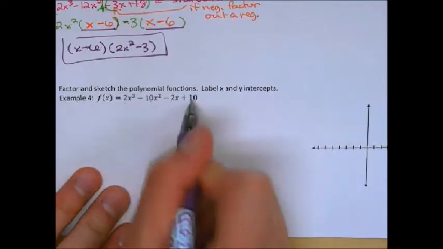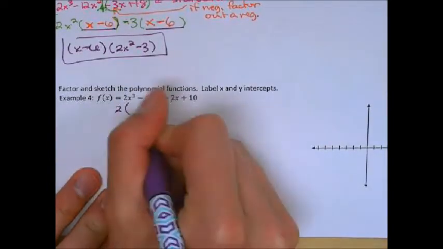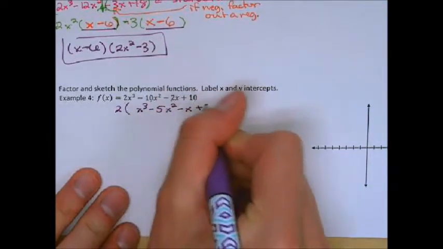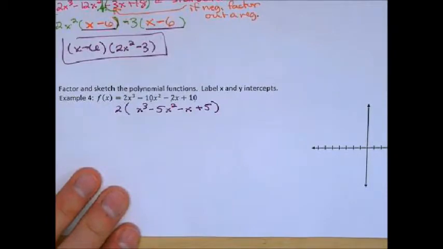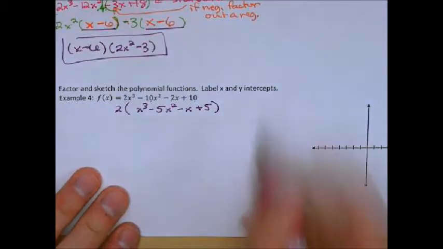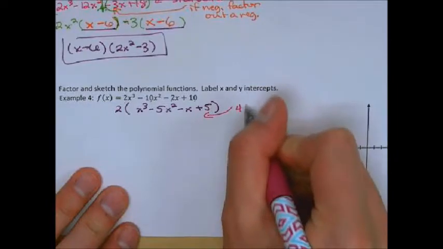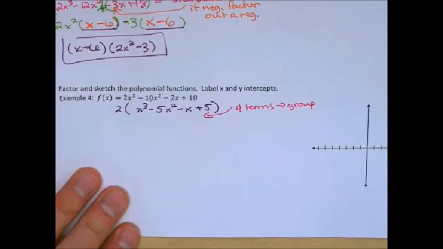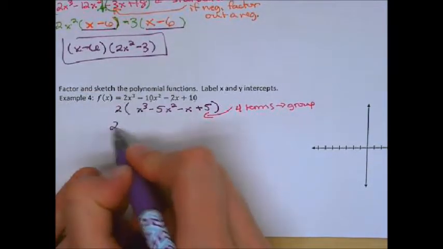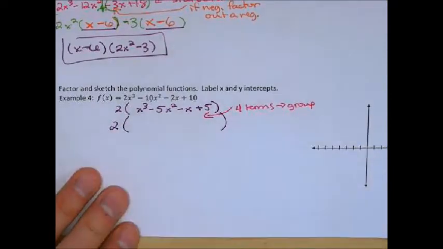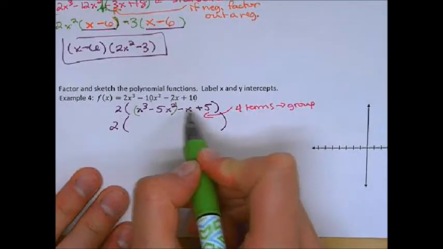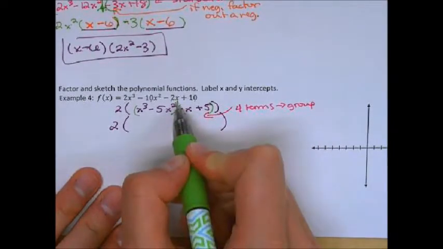I notice they're all divisible by 2. Okay, now I notice there's 4 terms, so we're going to group. We keep the 2 on the outside. Oh, there's a minus with this x, so pull it with the x and put a plus sign in the middle.